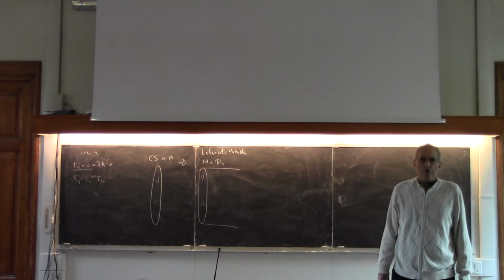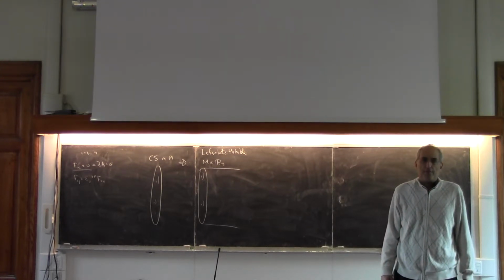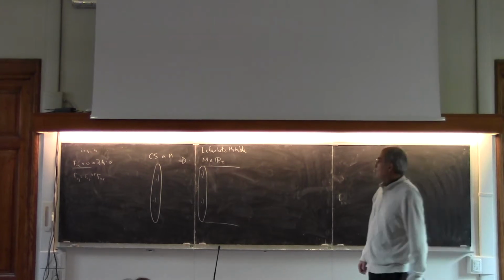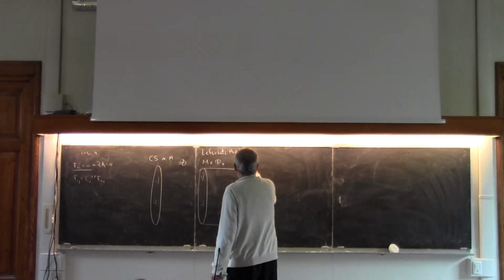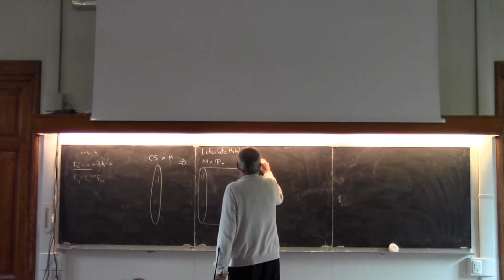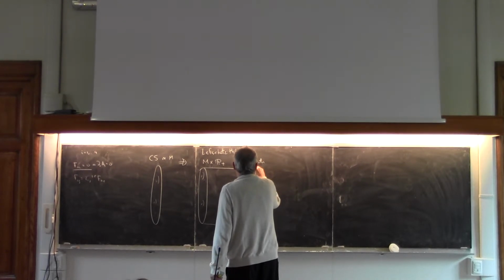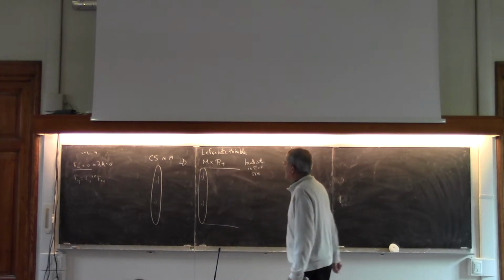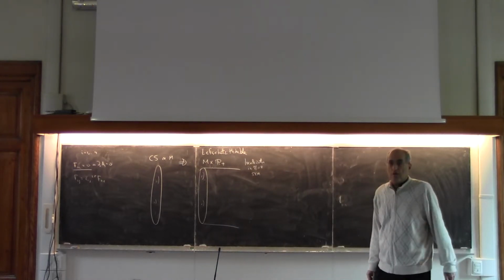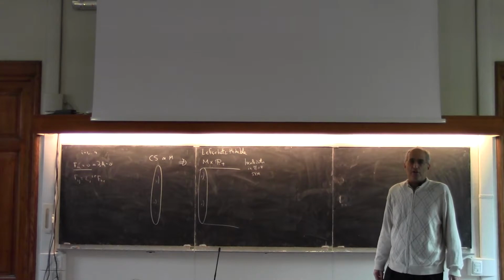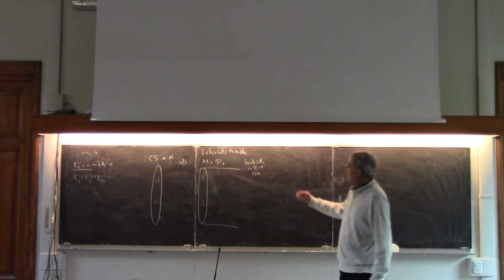That could have been a purely formal construction which we couldn't have said anything about. The reason we can say something about it is that this can be interpreted as localization in N equals 4 super Yang-Mills. Now we know a lot about N equals 4 super Yang-Mills, so now we can do something.